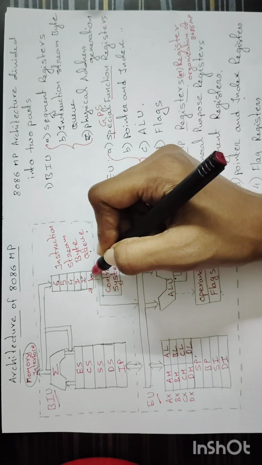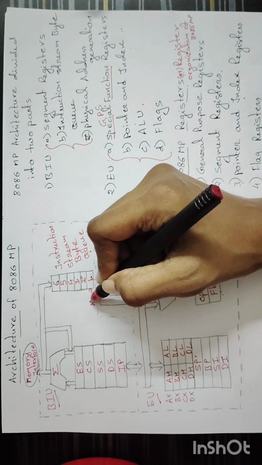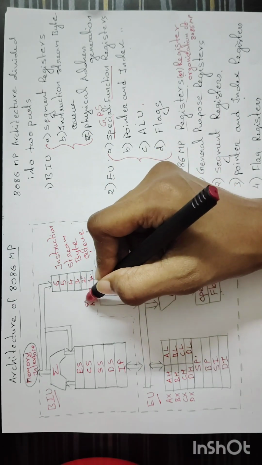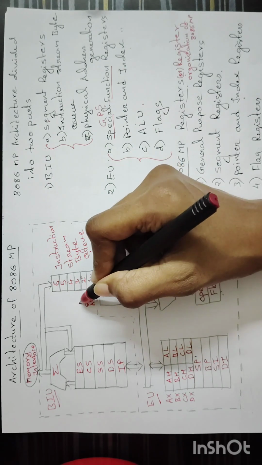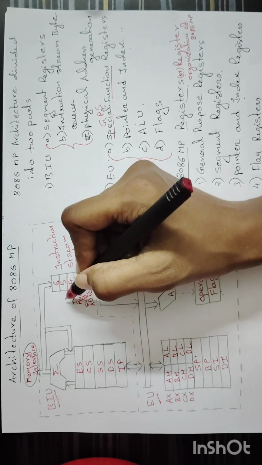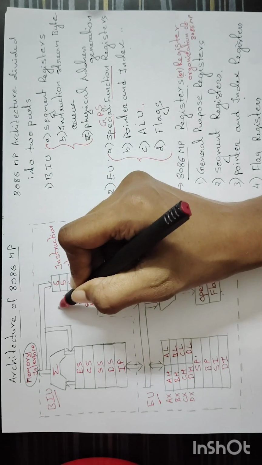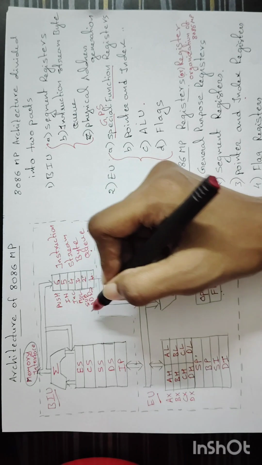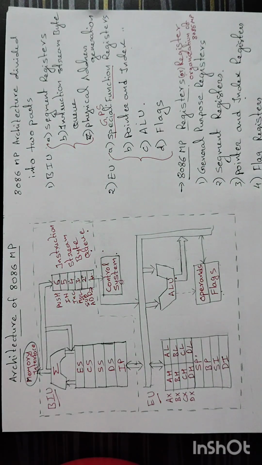For example, there is an add instruction, sub instruction, mul instruction, in instruction, and push instruction. So there are 6 different instructions here.